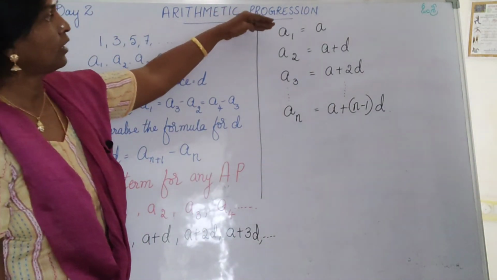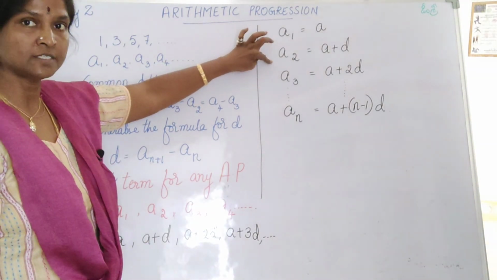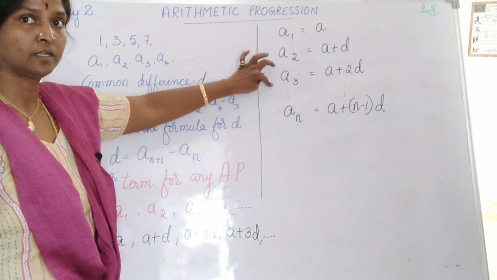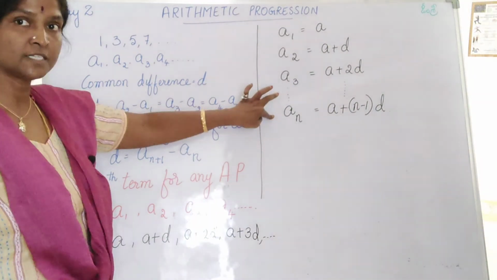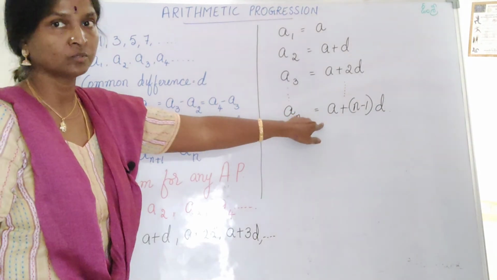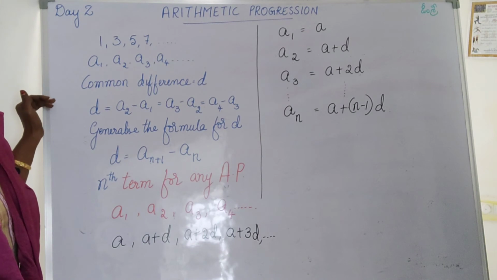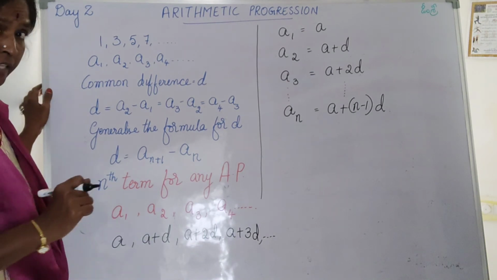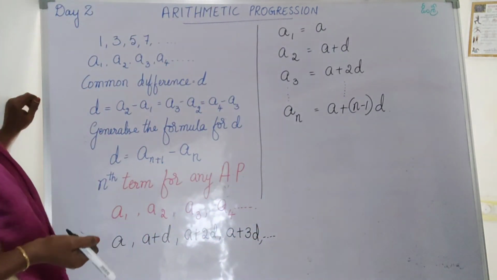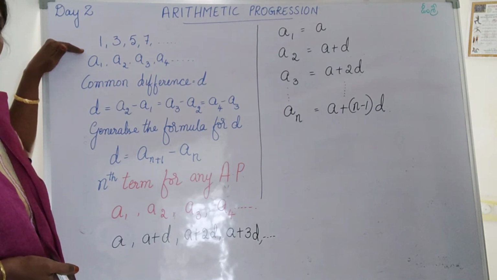So here a1 represents the first term of AP, a2 represents the second term of AP, a3 represents the third term of AP. Then a n represents the nth term of any AP where it is equal to a plus n minus 1 into d. So this is how you generalize the nth term of arithmetic progression. So let's consider the same series of odd numbers and find the nth term of odd numbers.